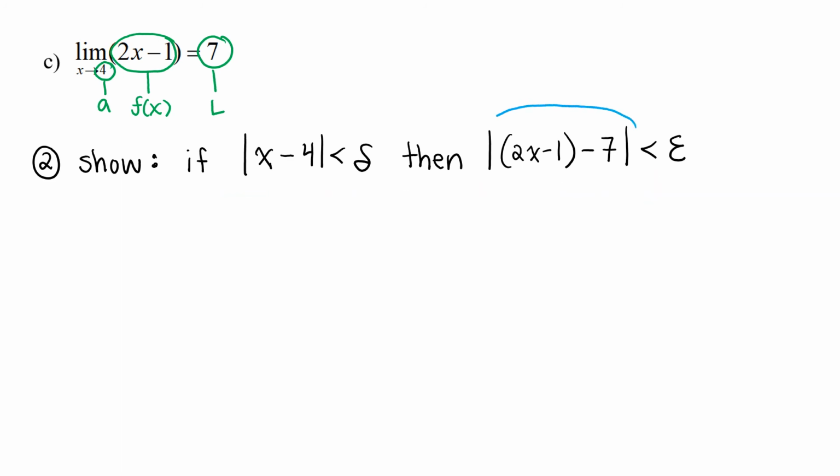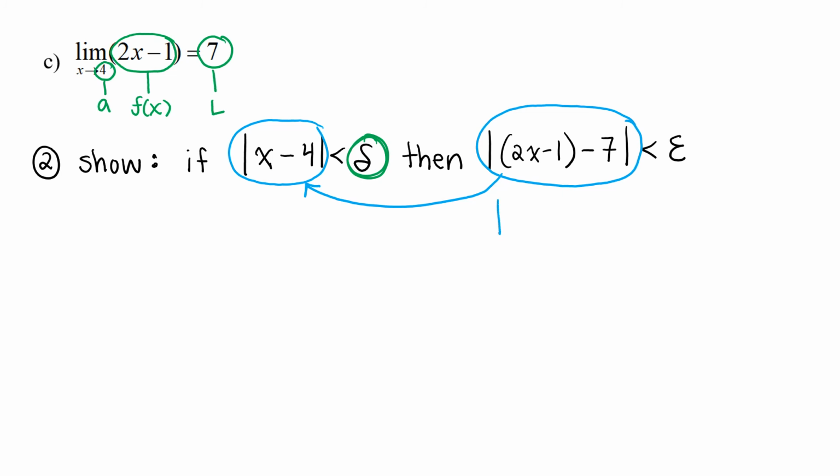So we need a good guess for delta, so that afterwards we can show this if-then relationship. In order to do that, we'll take this absolute value expression and transform it into this absolute value expression, so that whatever's on the other side of the inequality symbol is a good guess for delta. And we mostly do that by simplifying and factoring for at least linear functions. So let's simplify this.